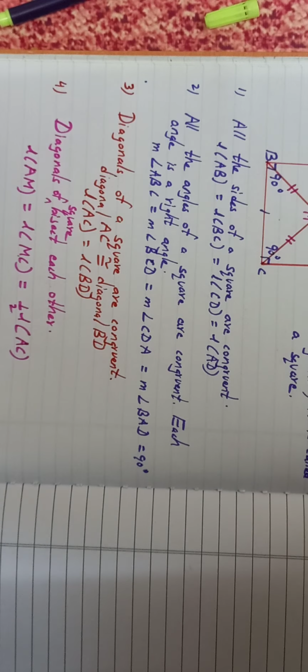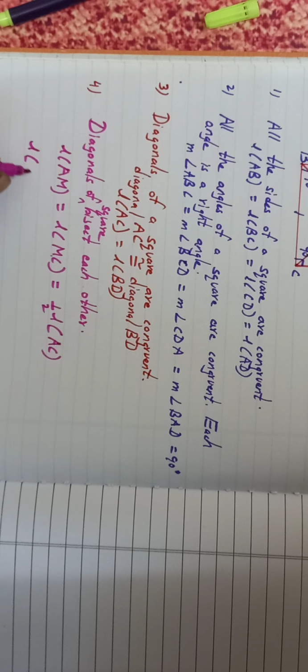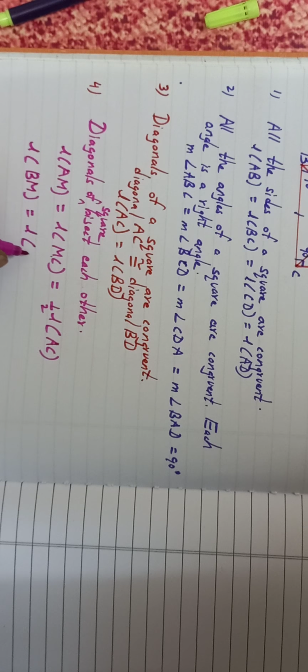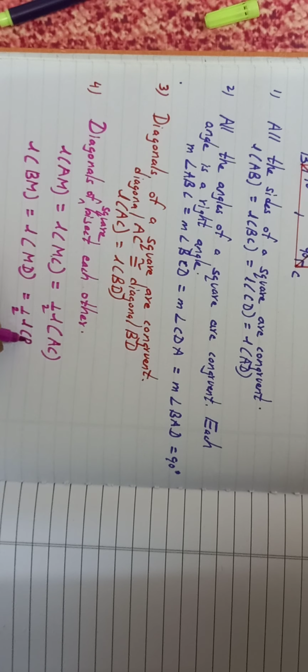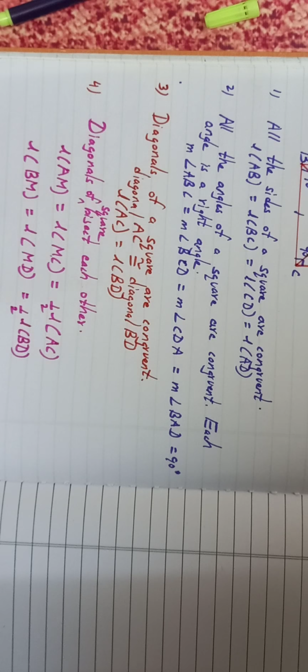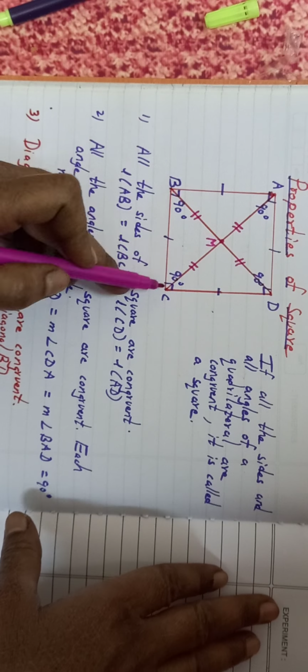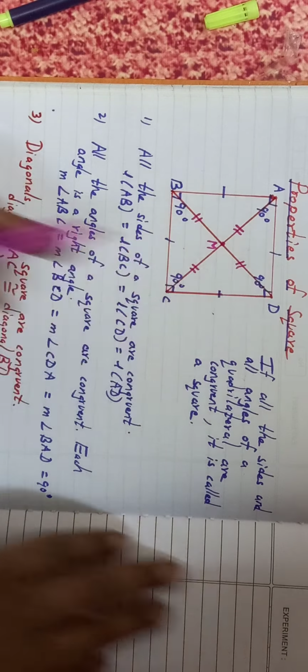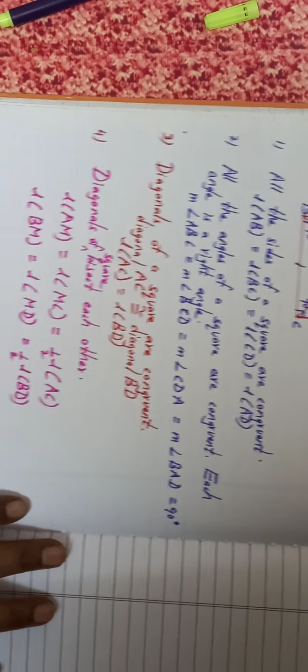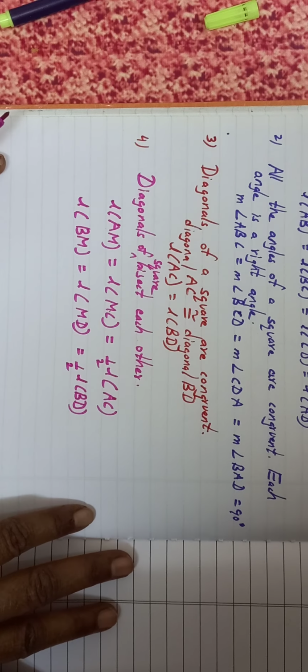Then length of BM is equal to length of MD, equal to half of length of BD. But length of AC, as I said, is equal to length of BD. So they all are going to be congruent. This point you should understand.